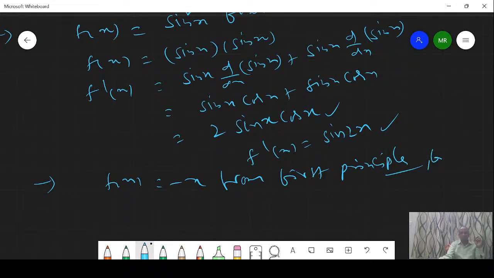They are asking to find f dash of x from first principle. You should find the derivative of this from first principle.